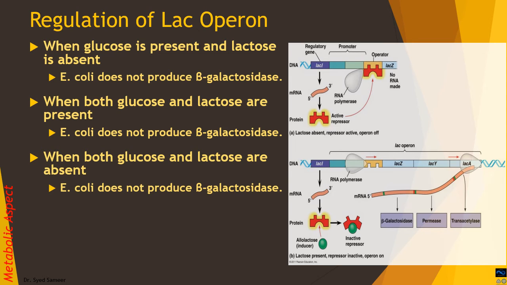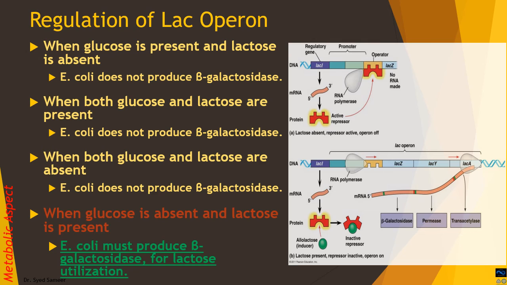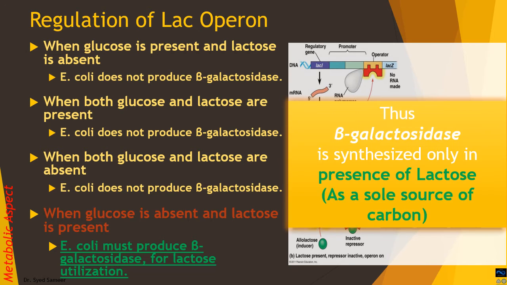Then only one scenario is there when the structural genes are expressed based upon the relativity of glucose and lactose. That is when glucose is low or absent from the environment, and lactose is present in high concentration so that it can be utilized by the E. coli cell for its metabolism, and hence the E. coli cell must produce beta galactosidase in this kind of scenario for lactose utilization.